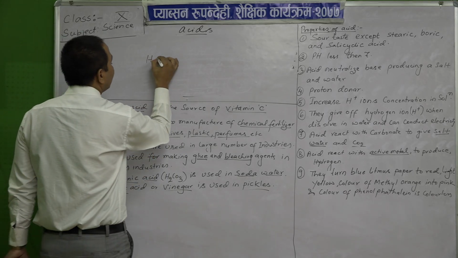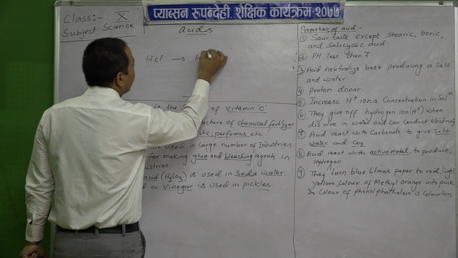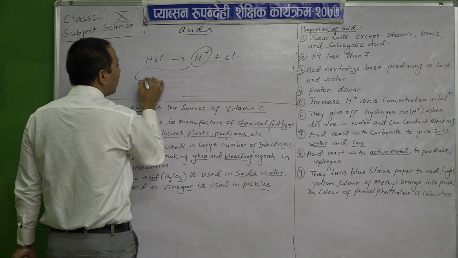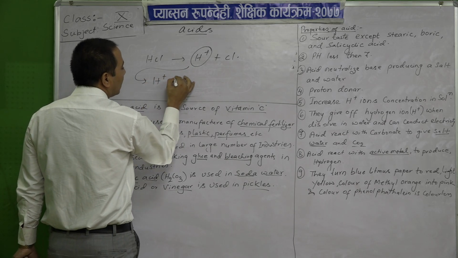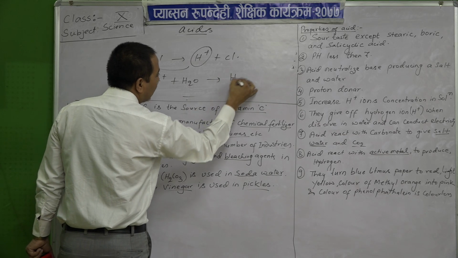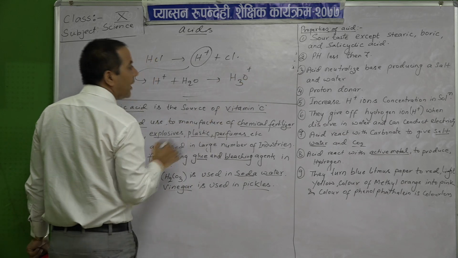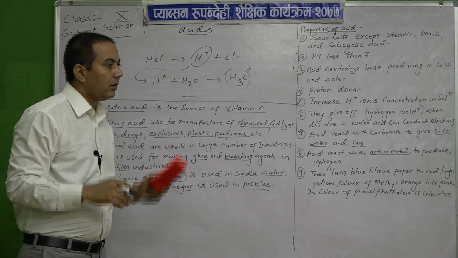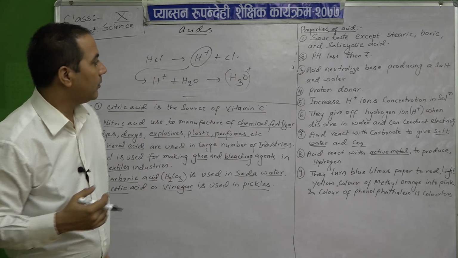For example, HCl gives hydrogen ion plus chloride ion. So these are being donated. Plus H2O, what does it give? Hydronium ion. So in this way they donate the protons.